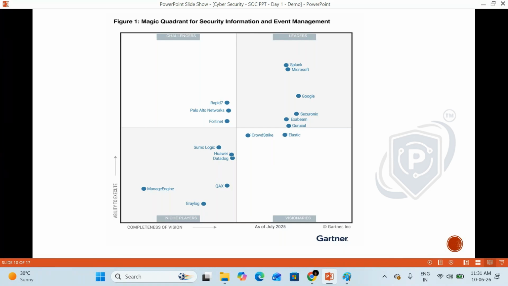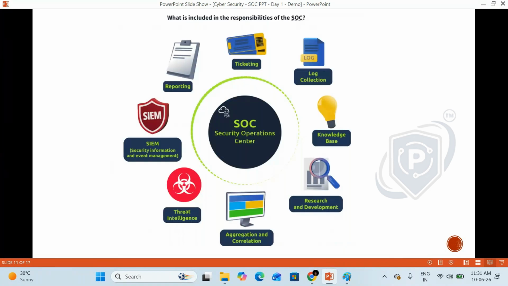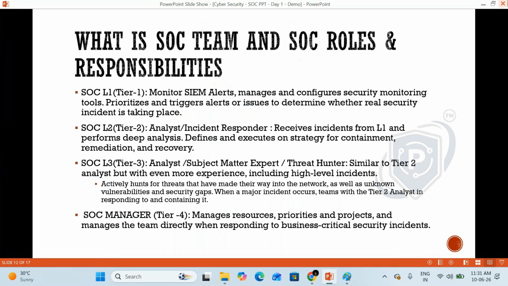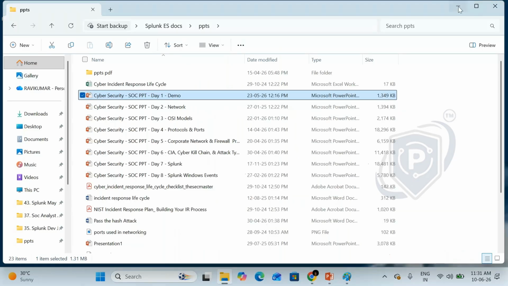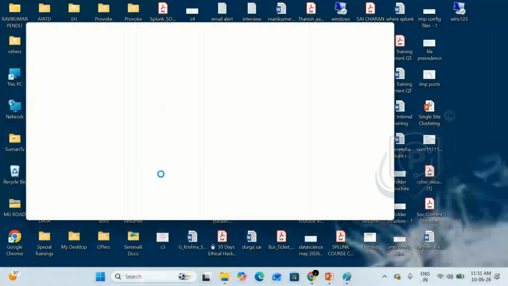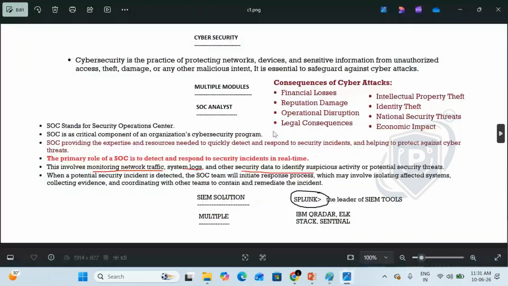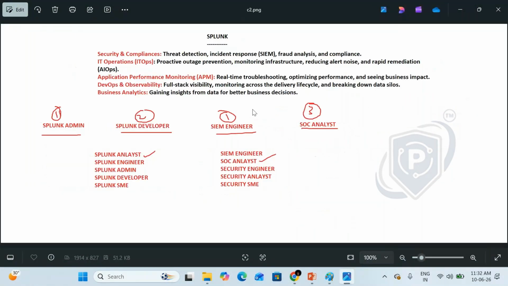Now Splunk is the main tool we are going to teach. Understand? Now, if we are concentrating more on Splunk, sir, my question is, why Splunk?